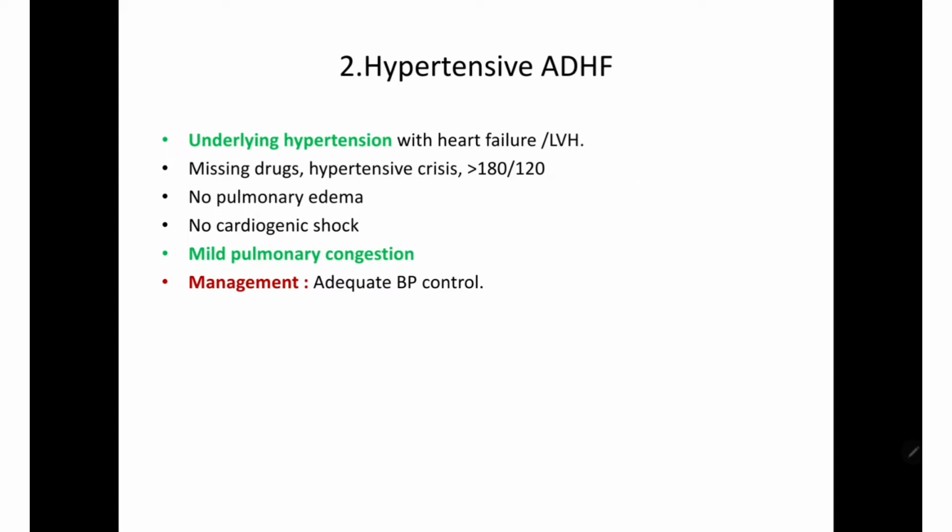Usually the patient comes because he missed taking his drugs, so he has a hypertensive crisis, with BP more than 180 over 120. There is no pulmonary edema and no cardiogenic shock, and the patient will have mild pulmonary congestion. Management is to provide adequate BP control by giving antihypertensive drugs.